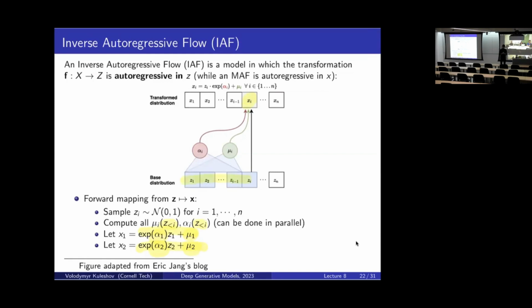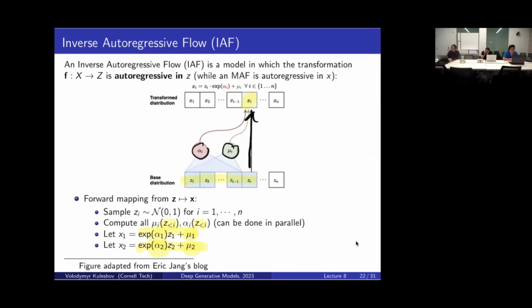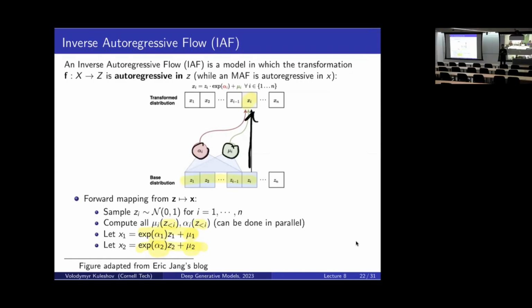I have already generated all the Zi, therefore I can generate these alphas and mu's in parallel, and now this mapping is the same given Z and alpha, but the alpha and the mu are a function of this. So therefore, the mapping is efficient. I already have all the alphas and mu's when I need to generate X.